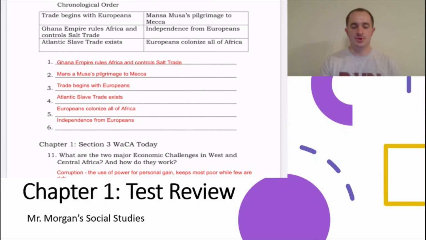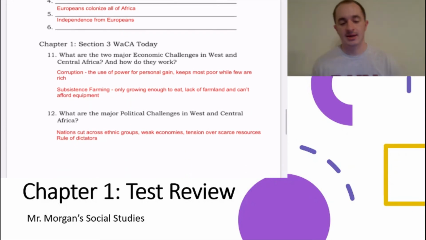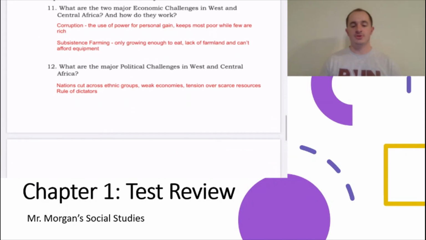So these were Chapter 1, Section 3, West and Central Africa today. So we started talking about the challenges, so we need to know the economic challenges and the political challenges. The economic challenges, there were two major ones that we talked about. One was corruption, which is the use of power for personal gain. So it keeps most of the people poor, while very few in the country are rich.